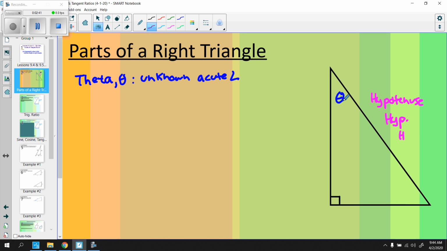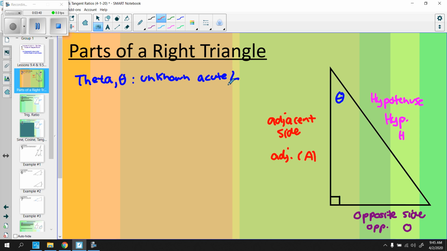If my unknown angle theta is right here, and I want to talk in terms of theta, this side down here we would call the opposite side, which we'll abbreviate OPP or sometimes just O. The side that's right next to me, like this side right here, is another leg, but instead of calling it a leg, we're going to call it the adjacent side, which we will abbreviate ADJ, or sometimes just a capital A. So that's what we have to converse in: hypotenuse, opposite, and adjacent.